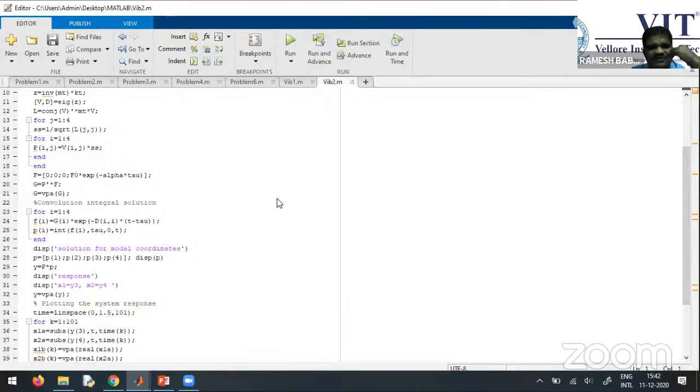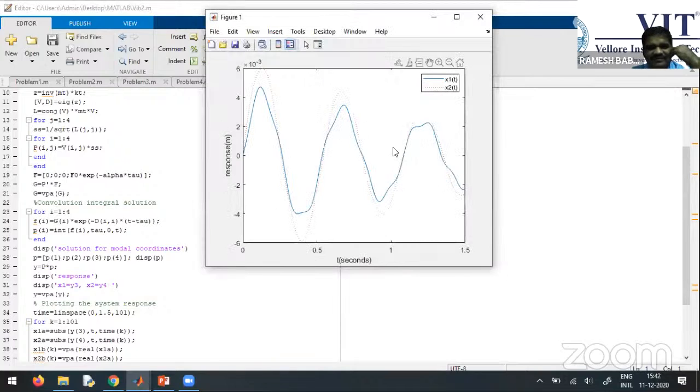Once the programs are larger, it will take some time. Like this, we can get a solution.